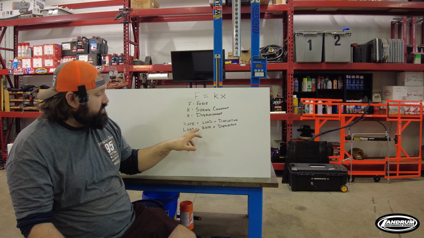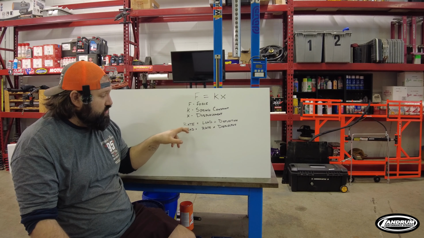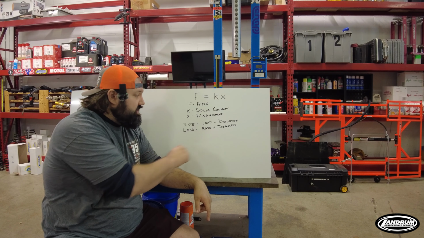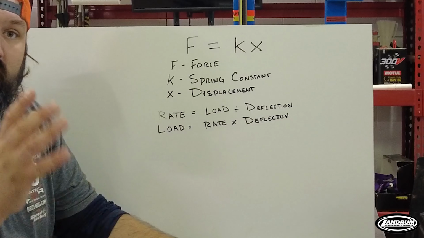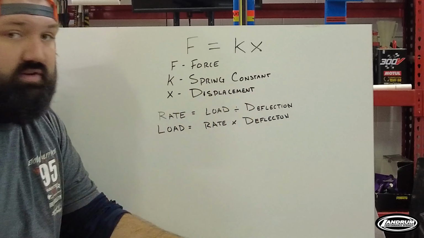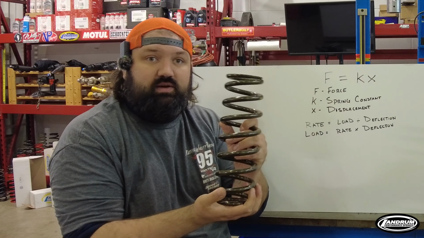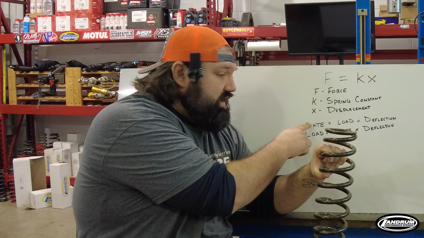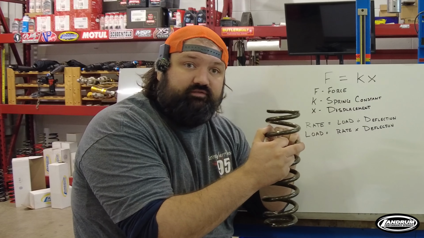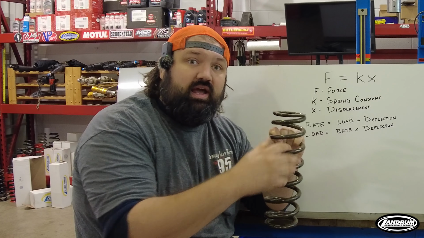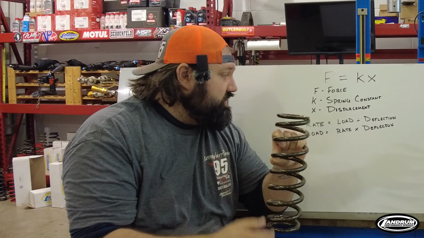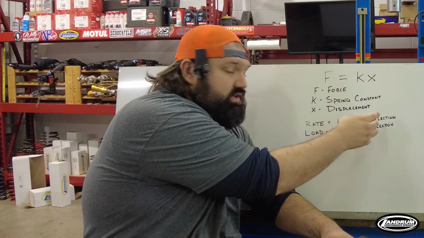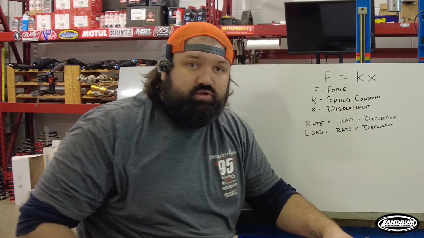If we go down here to our rate versus load equation differences, we can see the relationship between rate and load in these two equations. Rate is the load divided by the deflection. If we take a spring like this and we compress it 2 inches, and we want to find the rate, and the spring produces 500 pounds of load at that 2 inches of deflection, what we can do is take that load, which is 500, divide by the deflection, which is 2, and we get a rate of 250.